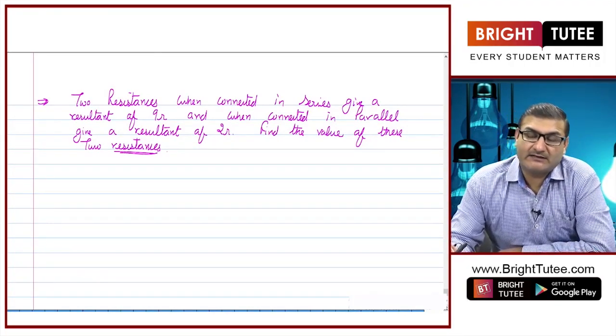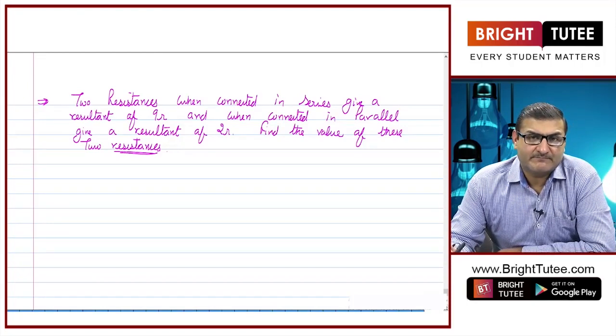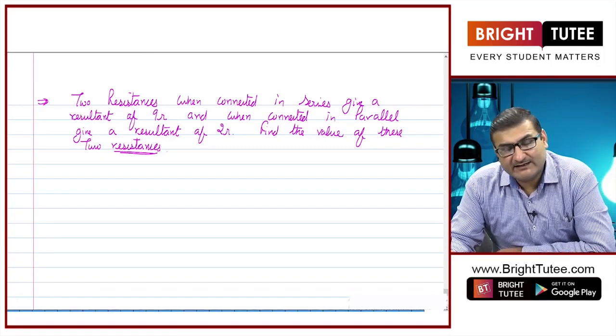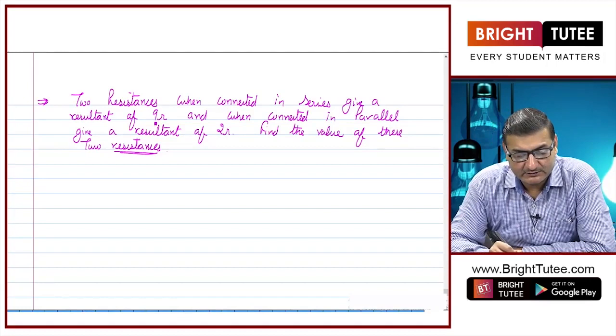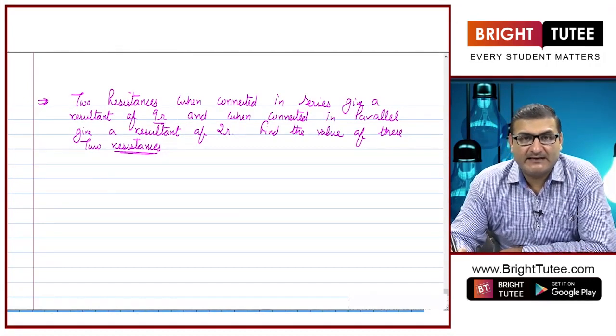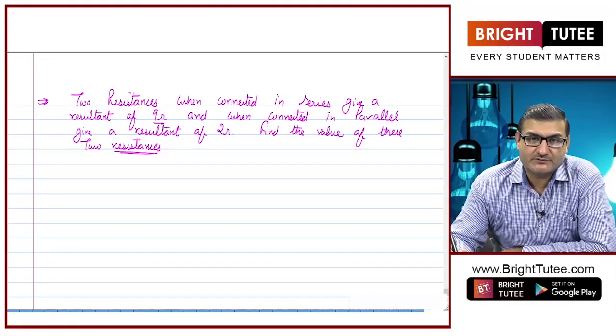We are not yet given the values, but what we are given is there are two resistances, don't know the values, right. If we connect them in series, we will get total R to be 9 ohms, and if in parallel, we will be getting a total R of 2 ohms. Fine.